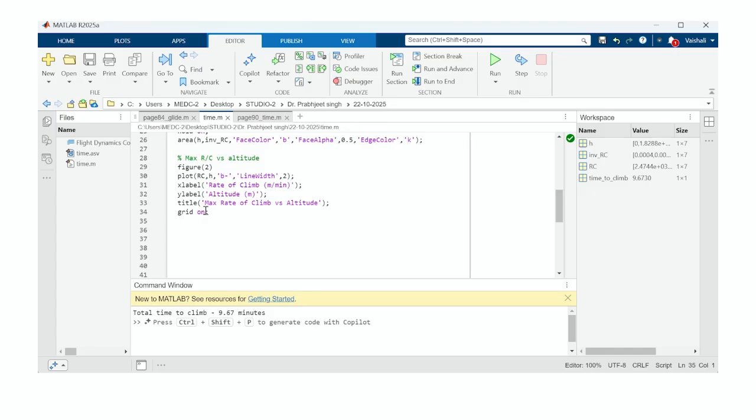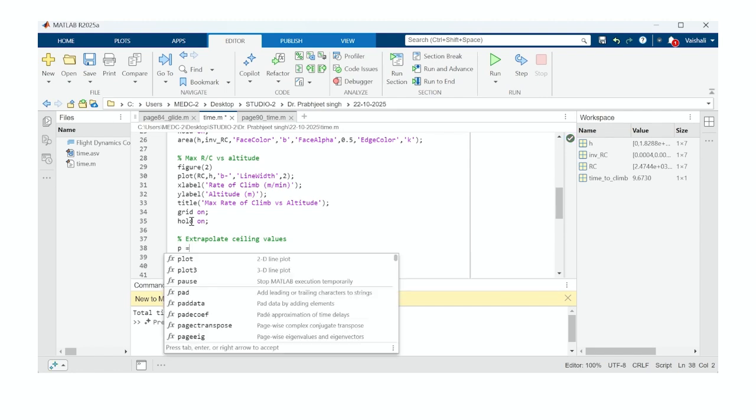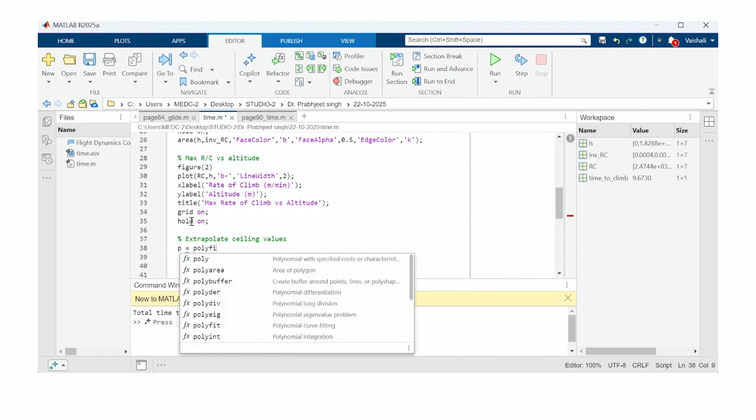All right, and how we can do that? So let me write here, hold on. So let us extrapolate ceiling values. Okay, so let me write here P equals to polyfit.